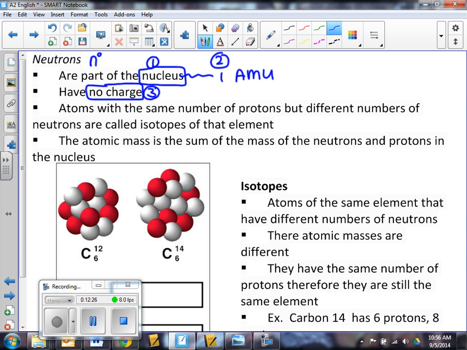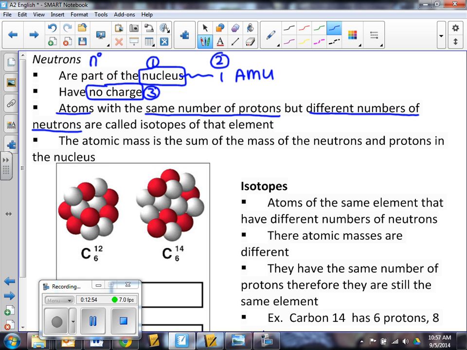Now here's something that's different about neutrons as compared to protons. I can have 2 or more atoms with the same number of protons, but a different number of neutrons. So I could have 2 atoms of oxygen where one of them had, let's say, 8 neutrons and one of them had 9.